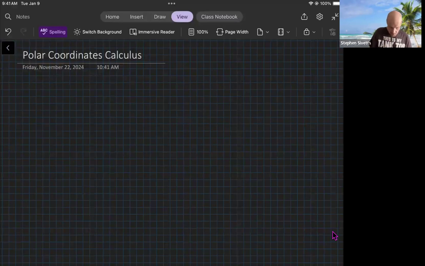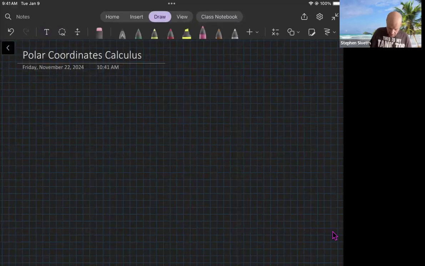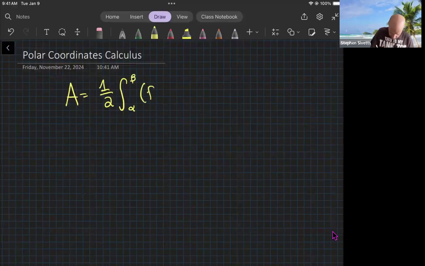So recall last time, to compute the area of a region in polar form, the area is equal to 1/2 times the integral from, let's say, alpha to beta of f of theta squared d theta, right?